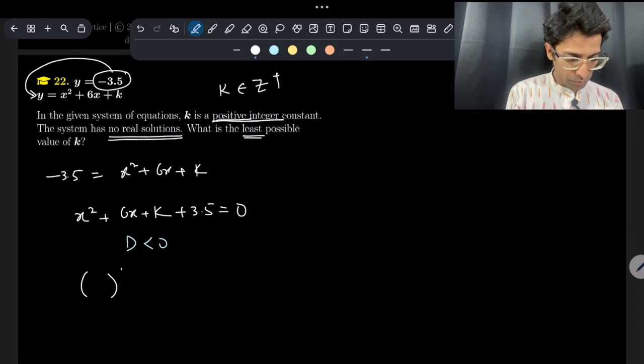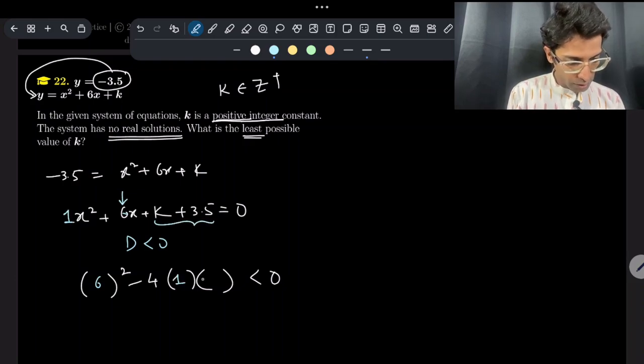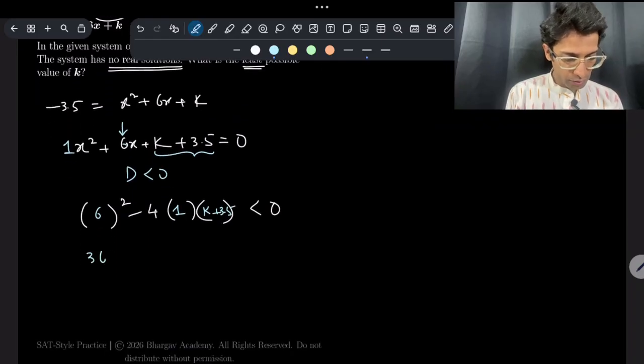So b square minus 4ac should be less than 0. b is 6, the coefficient of x, a is 1, c is k plus 3.5. So 36 minus 4 into k plus 3.5 should be less than 0.